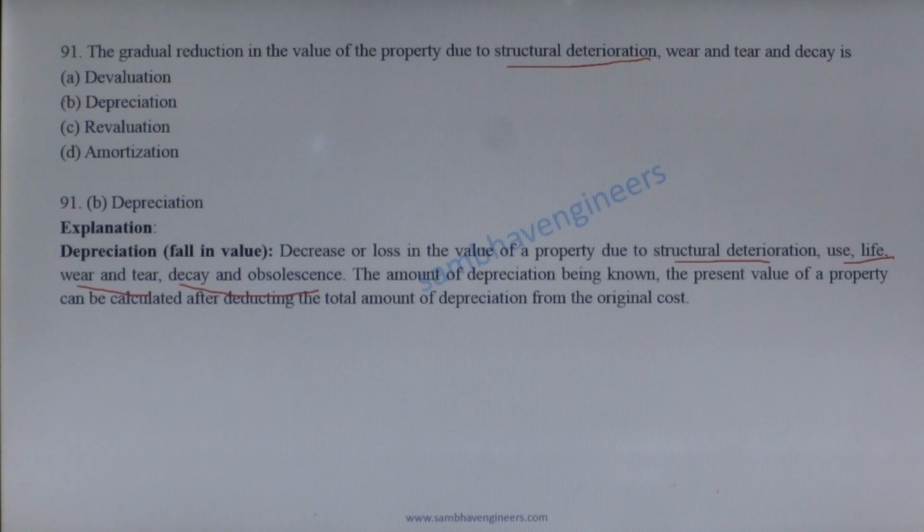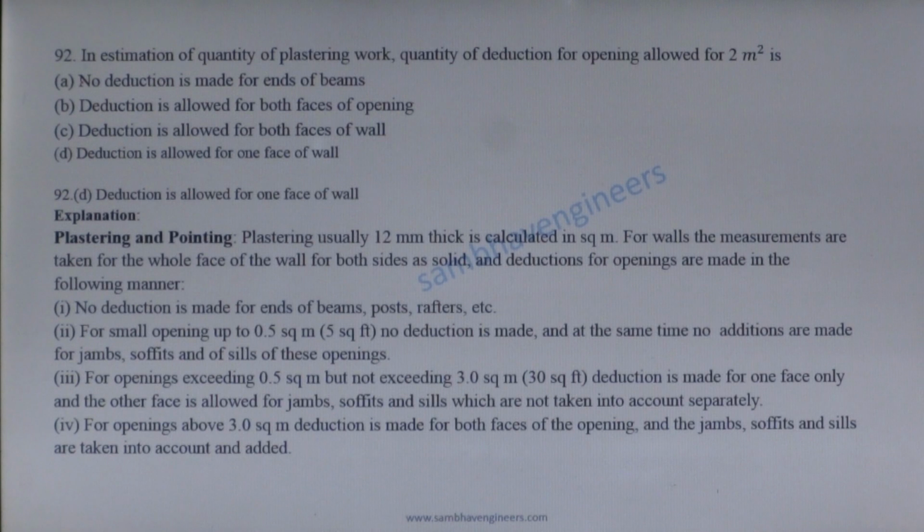So option B is the correct answer. Next question. In estimation of quantity of plastering work, quantity of deduction for opening allowed for 2 meter square is.